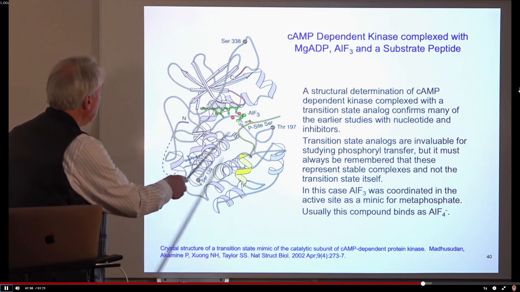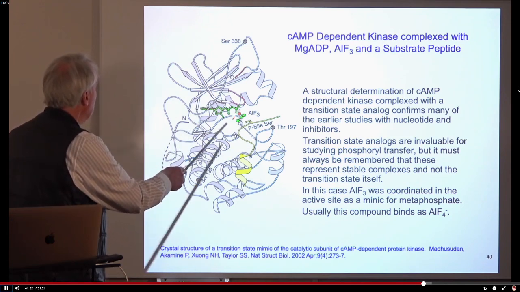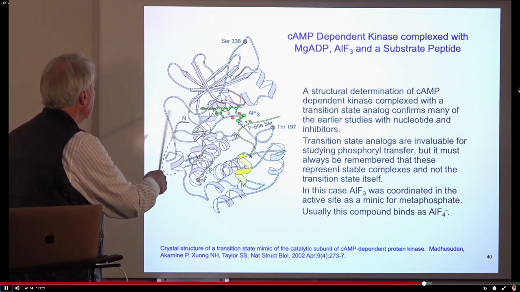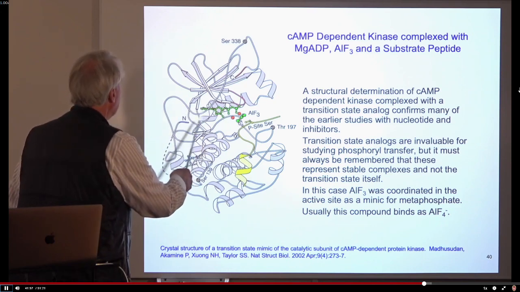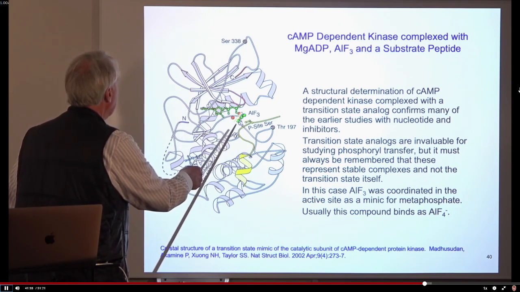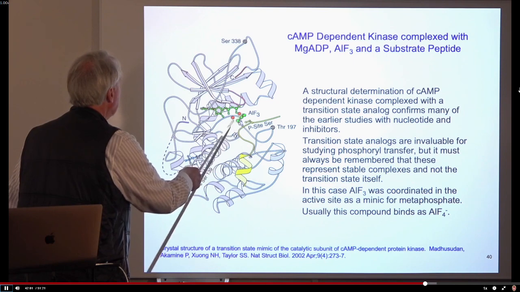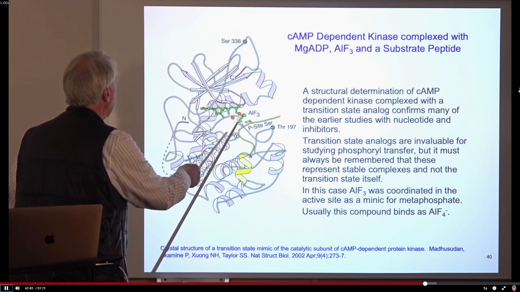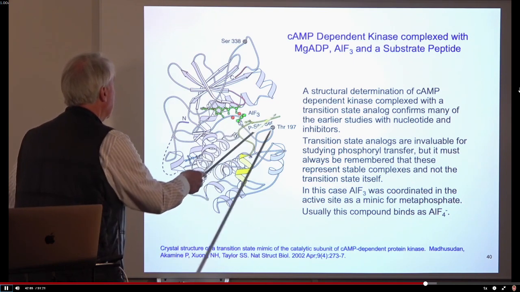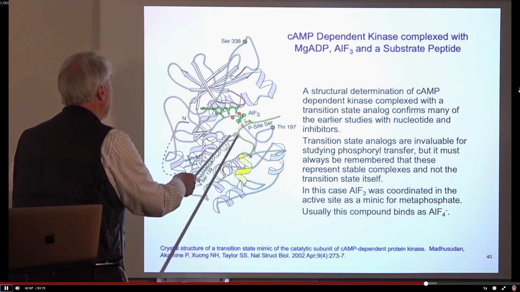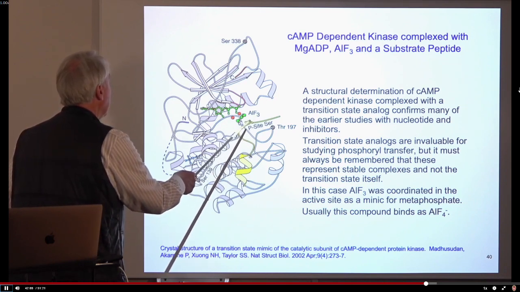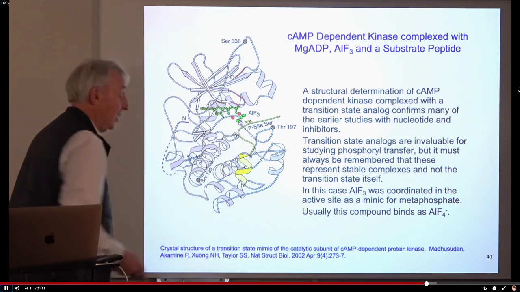You can see that it binds between the two motifs and lies in the cleft, and there's the trigonal bipyramidal moiety lying in the active site. And then there's the peptide to which the phosphoryl moiety would be transferred to a serine.